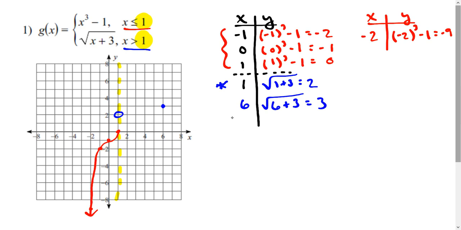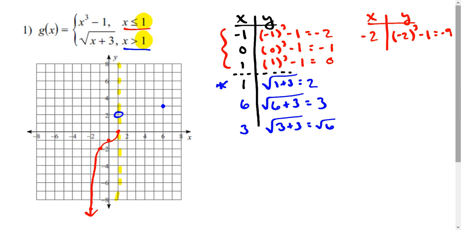Now, could I have plugged in a number, say 3, and gotten the square root of 3 plus 3, which would be whatever the square root of 6 is written as a decimal? Sure, you could do that. It might even make it easier for you to graph it. I normally try to pick the nice pretty numbers, but if you need to, you can just grab a calculator.